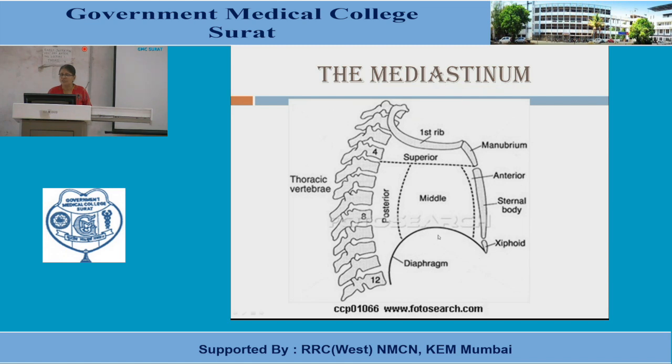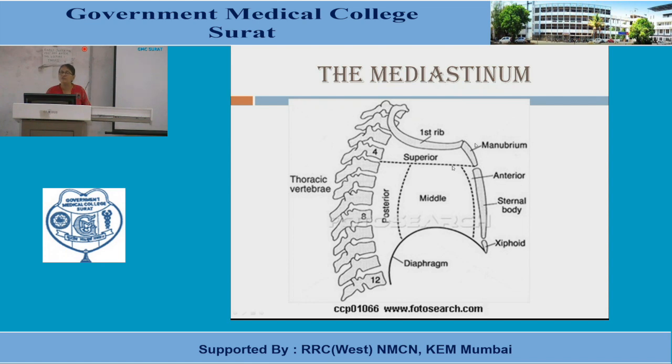Inferiorly, this is the thoraco-abdominal diaphragm, and this is the inlet of the thorax, the superior thoracic aperture, with ribs on either side. This is all in mid-sagittal section. In a mid-sagittal section the lungs will not come, they are at the side. In the mid-sagittal section, all that we see is the mediastinum.